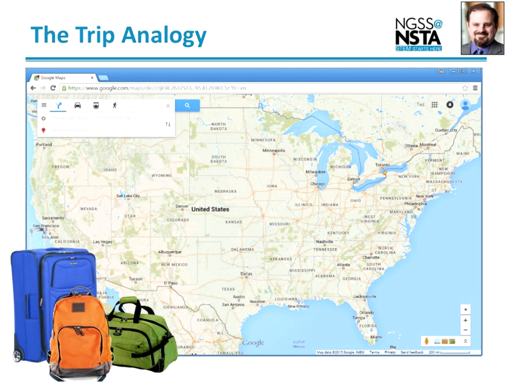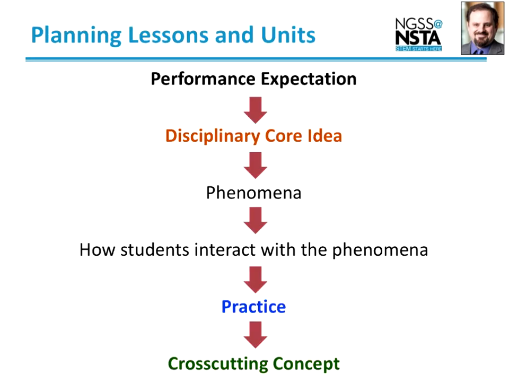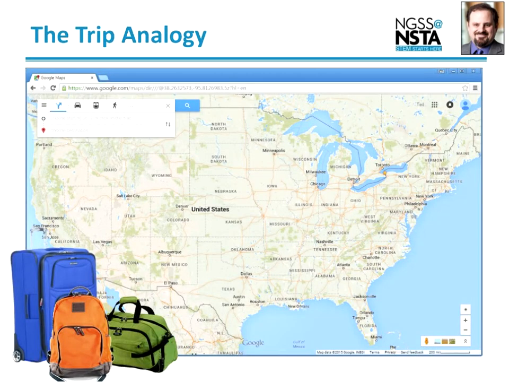And so in planning instruction, you have some of the similar issues to deal with. You need to know where you want your students to end up, so you do need to know those core ideas, those practices, those cross-cutting concepts, and to have them really in your head. You also need to know the starting point, where your students are right now.